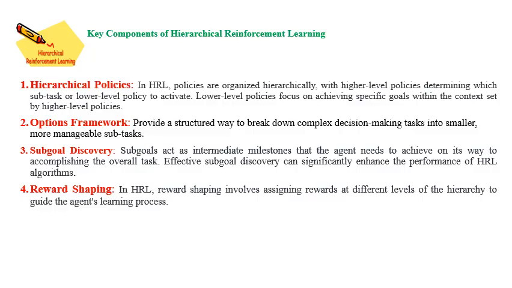So overall, we have four key components: hierarchical policy comprising high-level policy and low-level policy, the option framework to break down the complex problem, subgoal discovery, imagining them as intermediate milestones, and reward shaping.